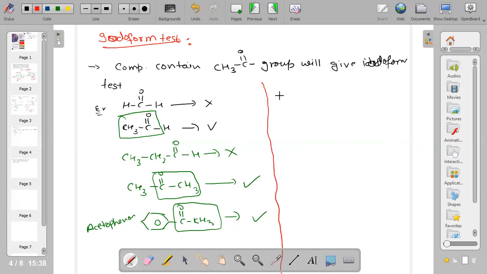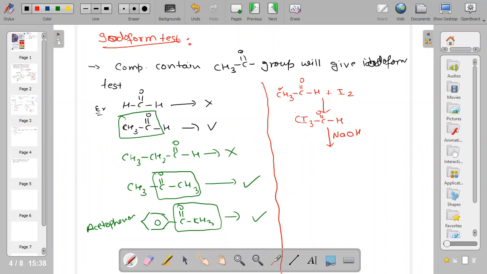Now, what is the iodoform test? If I'm writing CH3CHO, plus I2. First, it reacts with the iodine. At the alpha position, all the hydrogens of CH3 you replace by I, so you will write CI3CHO. Second, you add NaOH.